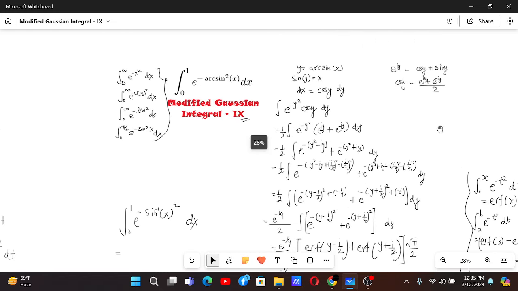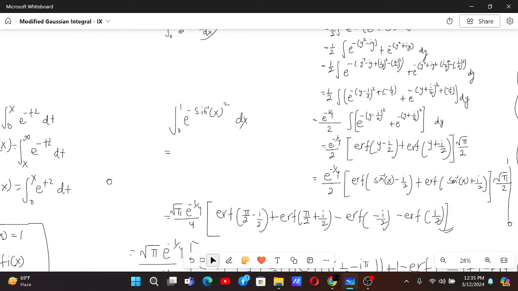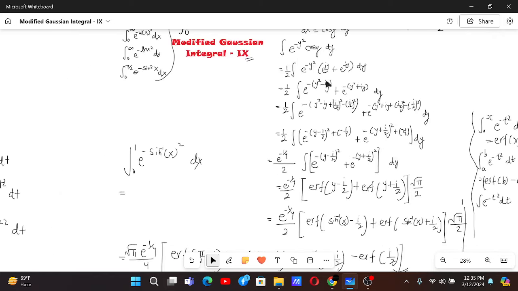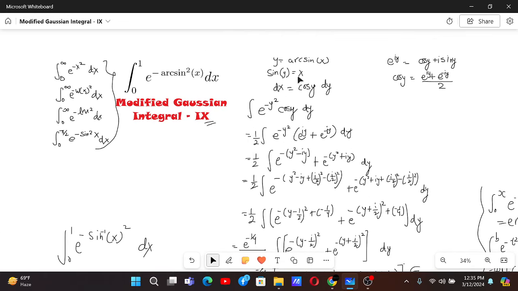This was a really beautiful problem which involved our phi function and their properties. To talk about the flow of the problem, we first made use of substitution, and then we used the complex definition of cos.